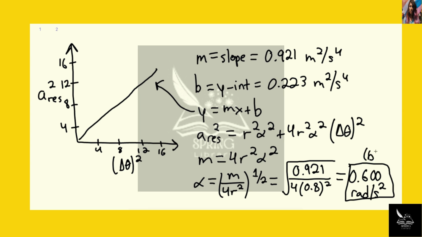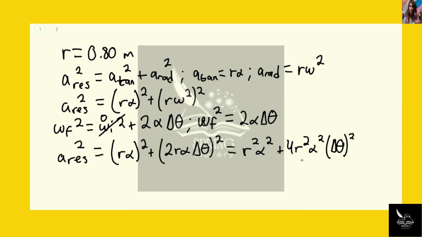And at this point, we can say that if this is our answer for part B, part A would essentially be this graph and this relationship here. For part C, it's asking us what would be the angular velocity at 135 degrees.